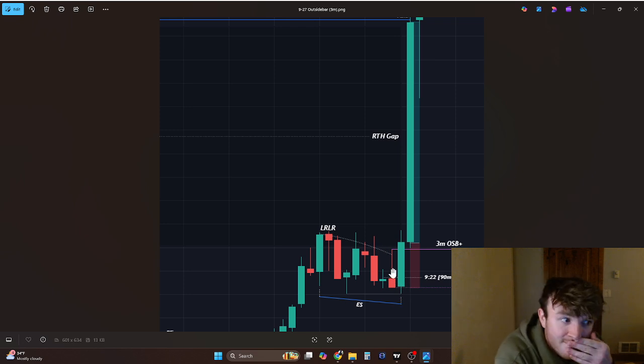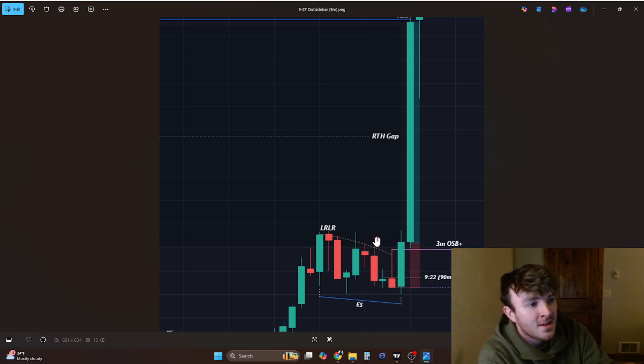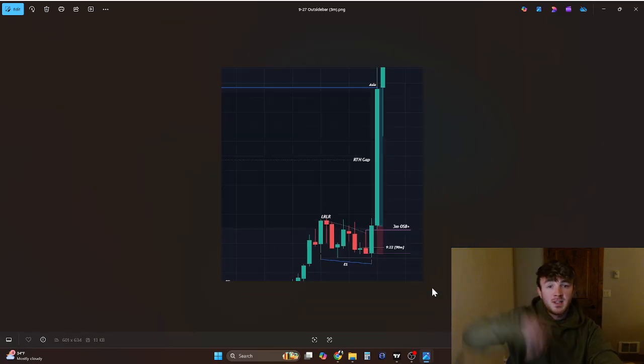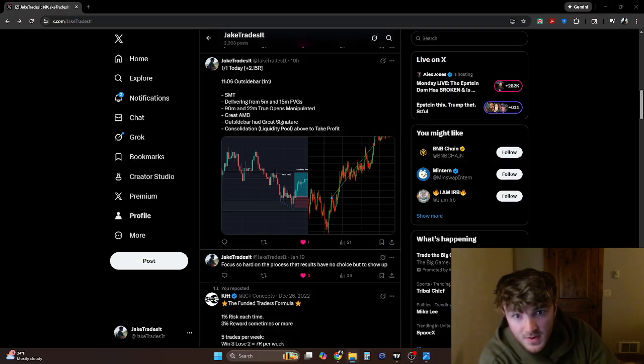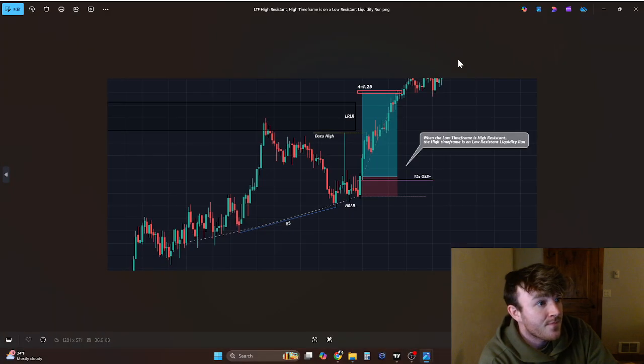So yeah, and then once again, with low resistance liquidity, you can just go break even pretty quickly, and then it just runs. So, okay, what else? Yeah, like I was saying, when the higher time frame is expanding on a low resistance liquidity run, the low time frame is going to be high resistance. I already covered that.